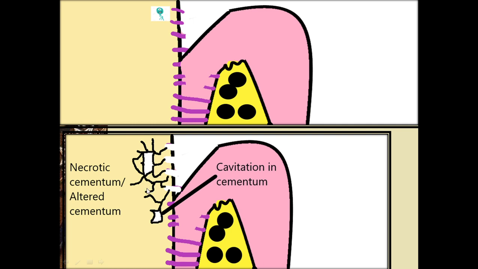This cementum, having bacteria, toxins of the bacteria, and altered mineral content, is known as necrotic cementum or altered cementum. So whenever we are doing root planing, we try to get rid of this altered cementum. Because of this altered cementum, the patient might have pain or sensitivity.